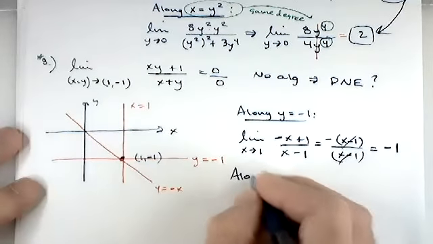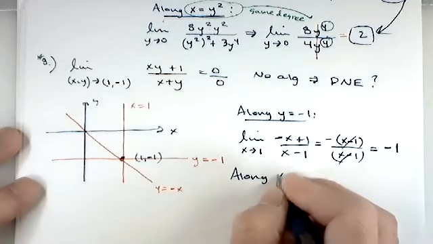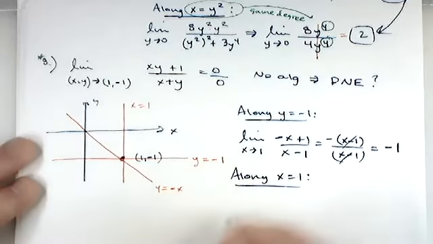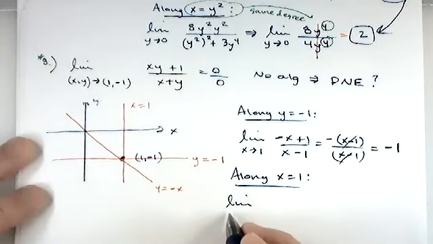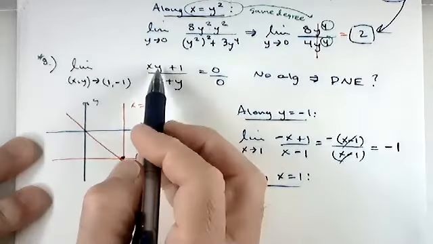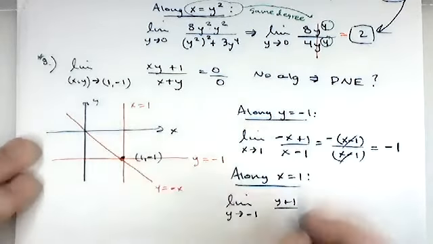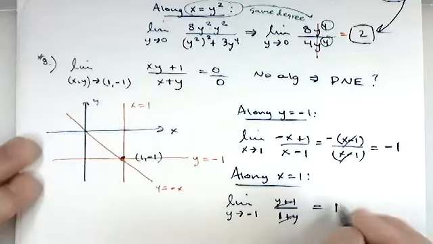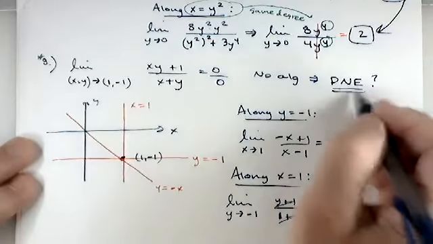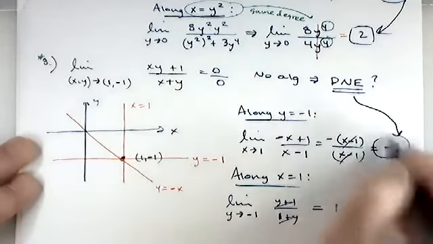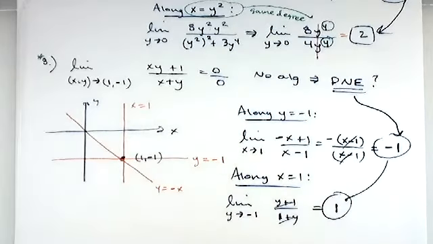And I don't think we're going to have to use y equals negative x, because if we plug in just 1 for x, that's going to give me y plus 1 over 1 plus y. And those are identical, right? Those just cancel. So my limit is 1. And so, yes, I've now proven that this limit does not exist because I got two different answers.